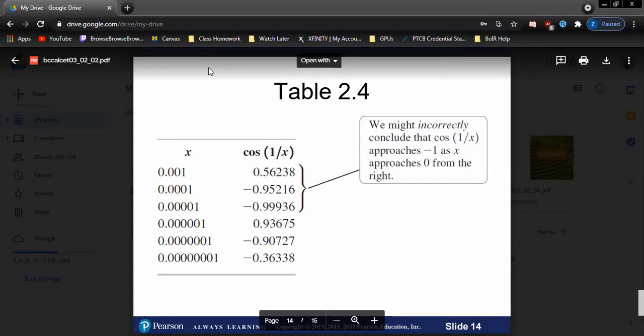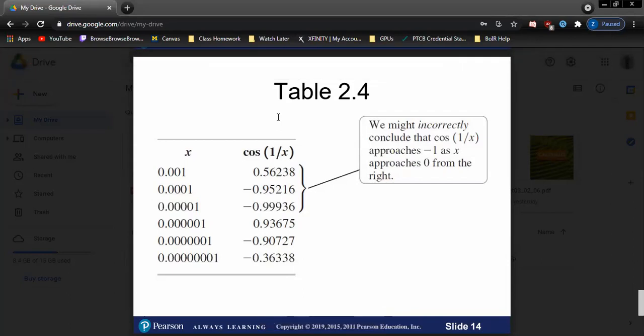Now if you approach x equals 0, that means you are going really close to that, right? Let's say you're approaching from the right.